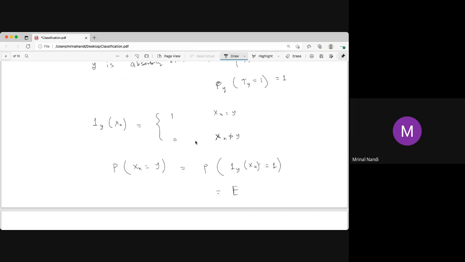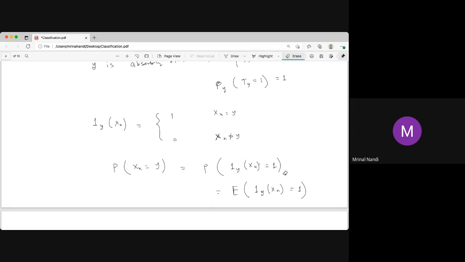Since it's a Bernoulli random variable, it takes only 1 and 0. The expectation of a Bernoulli random variable is just the probability of taking value 1, because it is 1 times this probability plus 0 times the other probability.